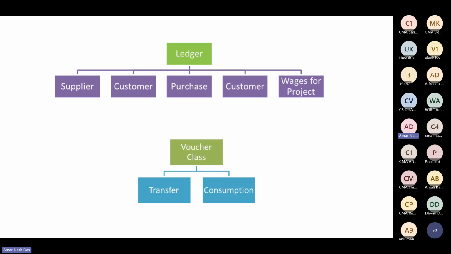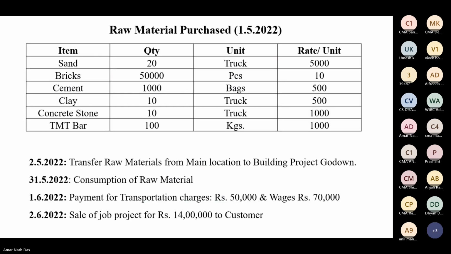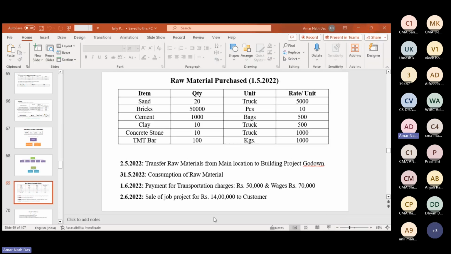There are six ledgers: supplier, customer, purchase, sale, wages, transportation, then voucher class, transfer and consumption. Then all those raw materials need to be created, and finally these four transactions which have been provided below need to be completed. Okay, thank you.